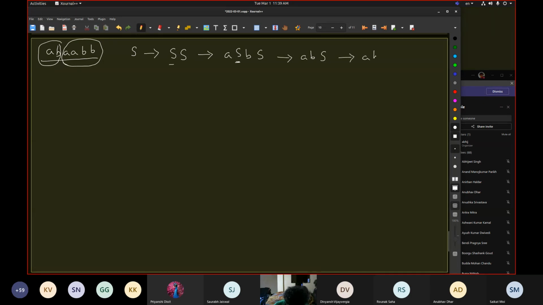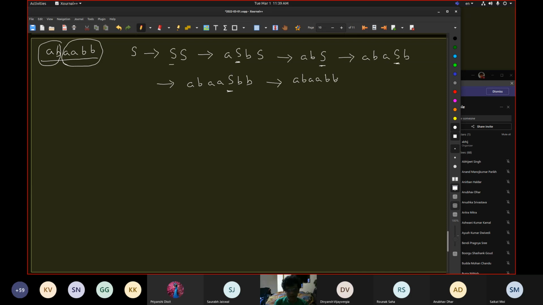So I once again apply the rule ASB, and again apply the same rule. AB, A, S, B, B. This S is replaced by ASB. Then you apply the rule S can be epsilon. AB, A, B, B. Happy? This is one way of parsing this input.